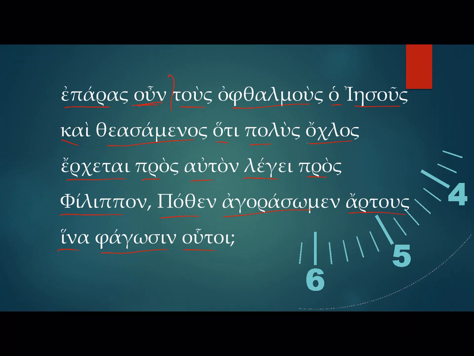Notice we will start with our conjunction here, therefore, and then our verbal idea in the first part of the verse, eparas. Now this is a participle, and we have not looked at participles yet. We will spend a lot of time next semester understanding participles.